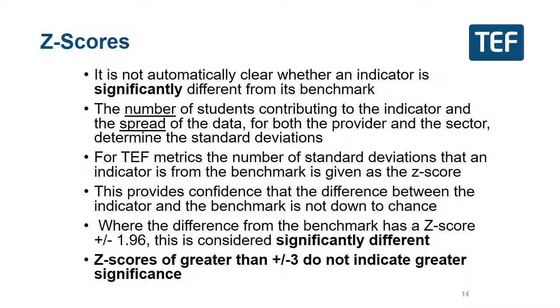What's important to note here is that a Z-score of greater than plus or minus 3 does not indicate any greater significance. Once you've hit a Z-score of 3 in either direction, we conclude that your indicator is definitely statistically significantly different from your benchmark. So Z-scores that are very large in magnitude will be treated no differently to a Z-score of plus or minus 3 when the assessors make their assessment.